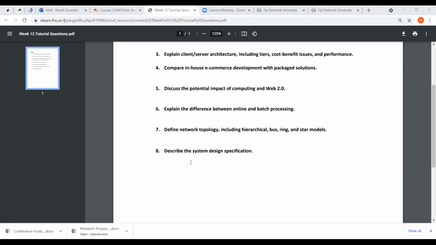Okay, for in-house e-commerce site, requires analysis of business needs. Right underneath that, write down require user input.